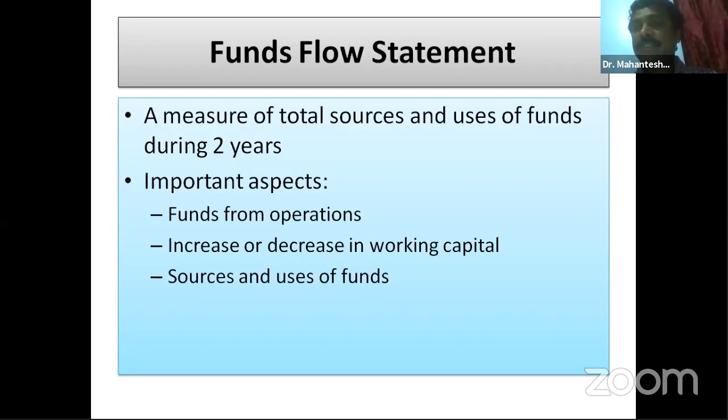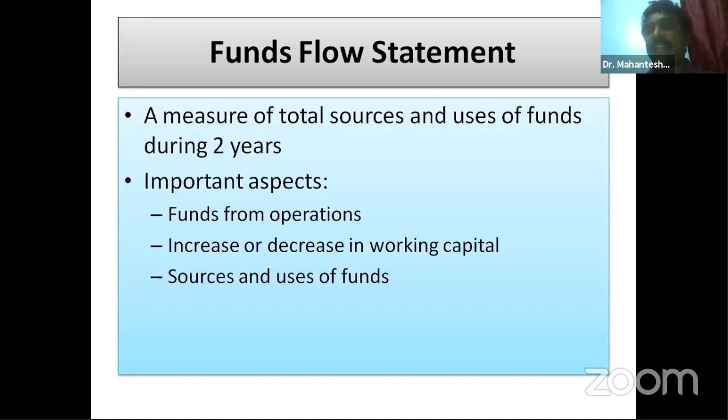Similarly, if the company has paid any cash dividend to the shareholders in a year, that will also come as a use or the application.